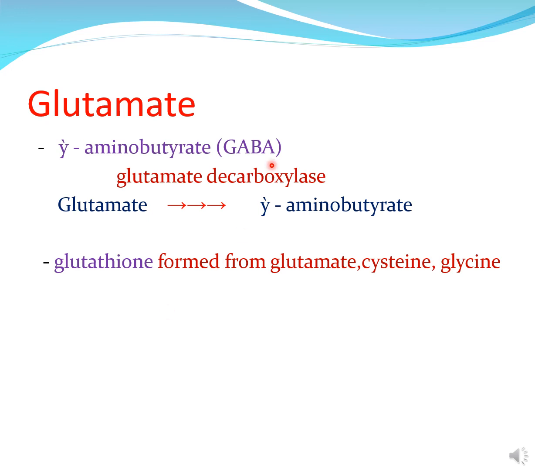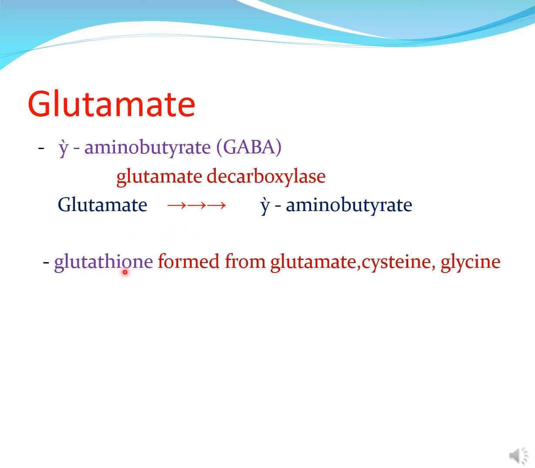Lastly, we'll speak about glutamate. Glutamate is the precursor for gamma amino butyrate, or gamma amino butyric acid, an important neurotransmitter. Glutamate, by glutamate decarboxylase, loses its carboxyl group and is converted into gamma amino butyrate.